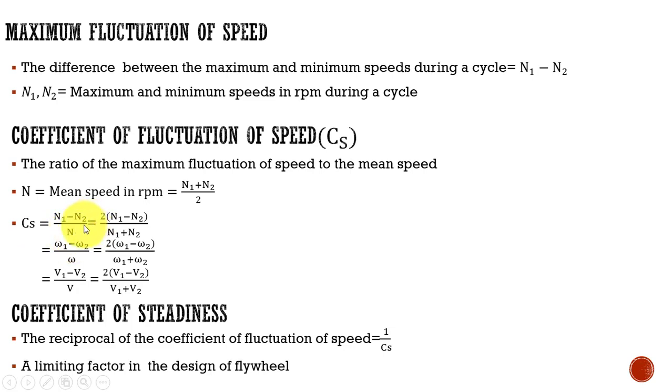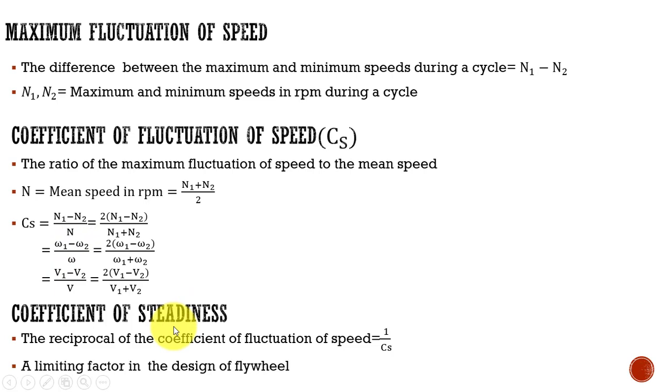You can apply it for speed as well as angular velocity and linear velocity also. The same formula applies for these three different variables: rotational speed, angular speed, and linear speed.